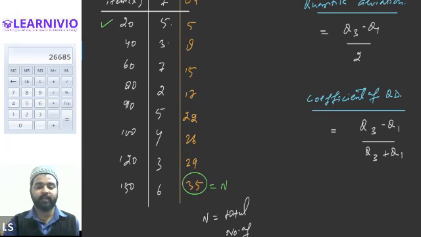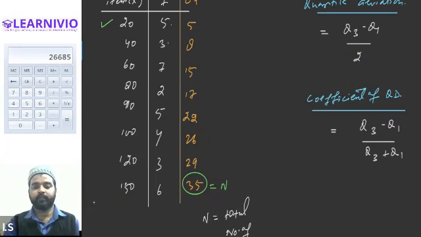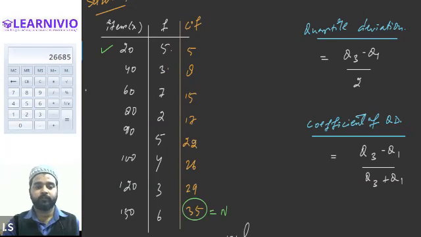Can you tell me which is the 9th term in the question? First of all, see how we find the 9th term. Try to focus here. We first go to the cumulative frequency column and try to find the 9. Tell me, will 9 fall in 5 or after 5?